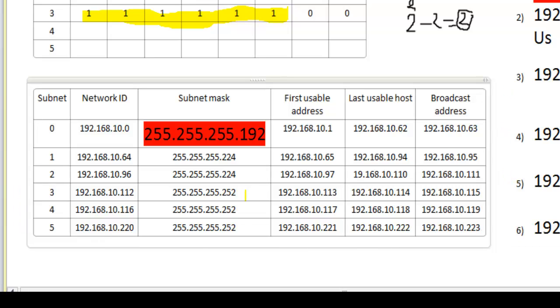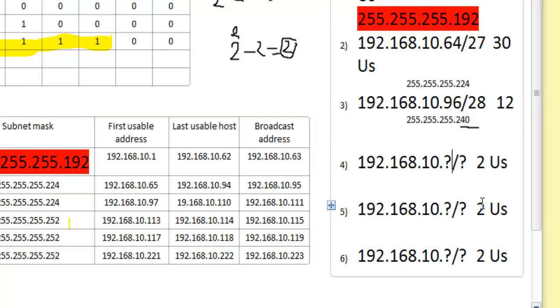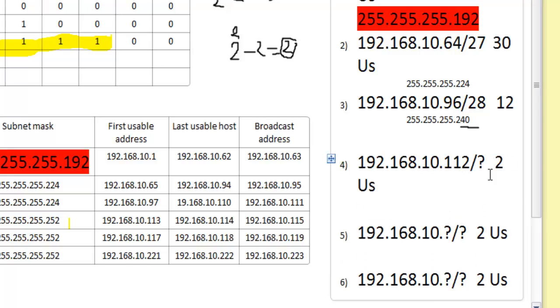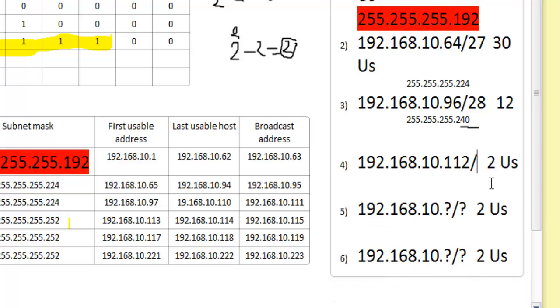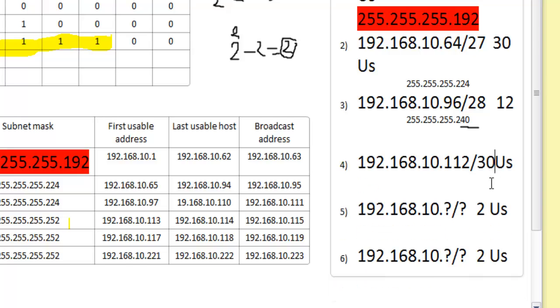So also again, let's just fill this one here because we didn't do this. Let me just copy this one, and then we'll say here what's the network ID for this one: 112, and then it's slash 30. So let me take this one off, we don't need it, and also this one.